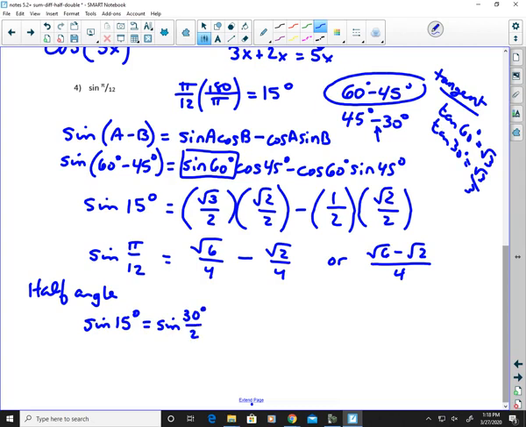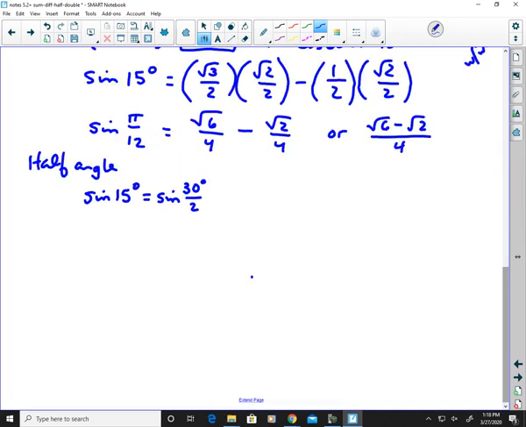Okay, so if I have realized that I could use this version, then I would write down the formula for a half angle formula. So that would be sine of A over 2 equals.